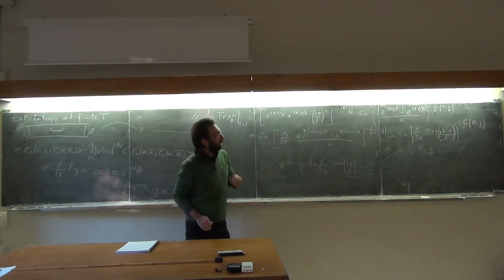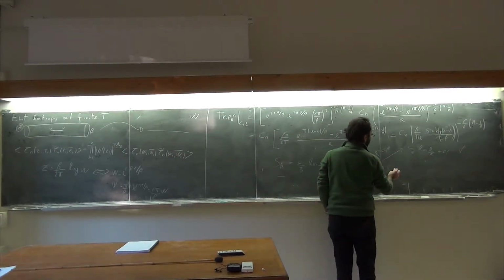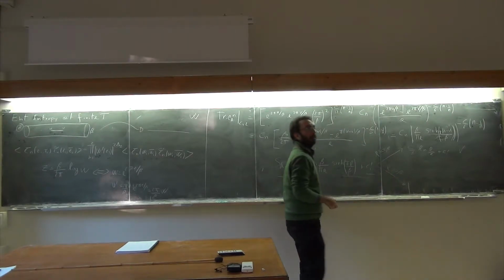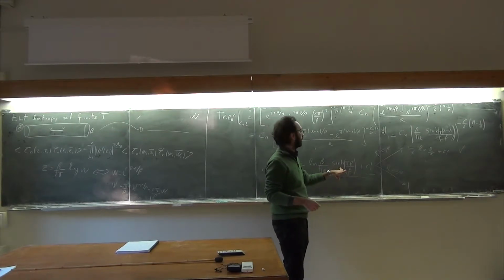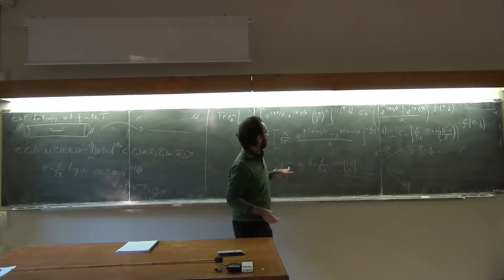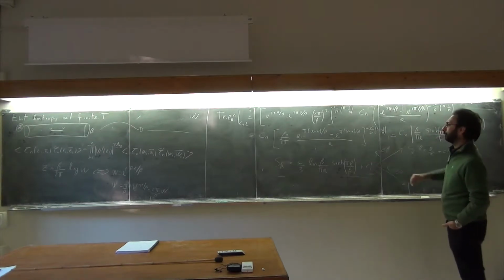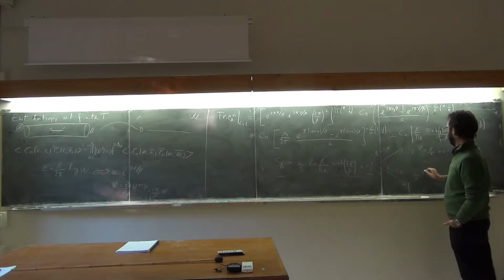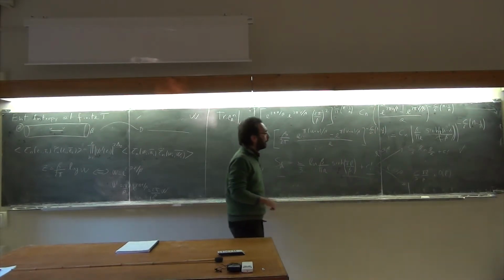But this is not the only limit where things get interesting, because I can take the opposite limit: L much larger than beta, which means very high temperature. In this case, the hyperbolic sine is just an exponential, so the logarithm of the exponential gives the argument. So I have c over 3 pi L divided by beta plus something of order L to the 0, that is logarithm beta, etc. That is not too interesting.